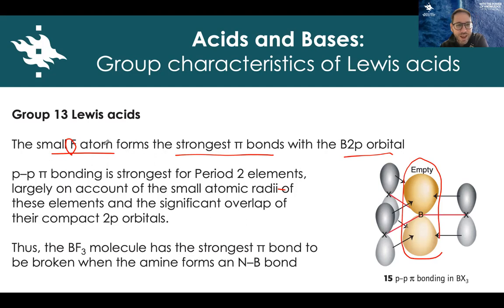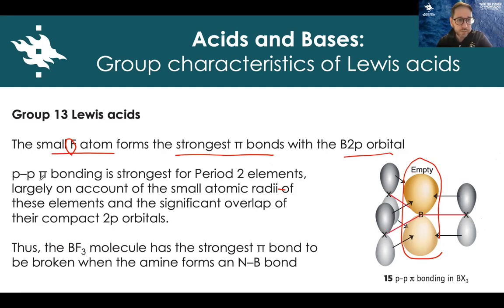Therefore, as fluorine forms the strongest pi bonds, this orbital becomes less electron deficient, and it is less favored for this species to act as a Lewis acid, receiving electron donation from the base through this orbital.